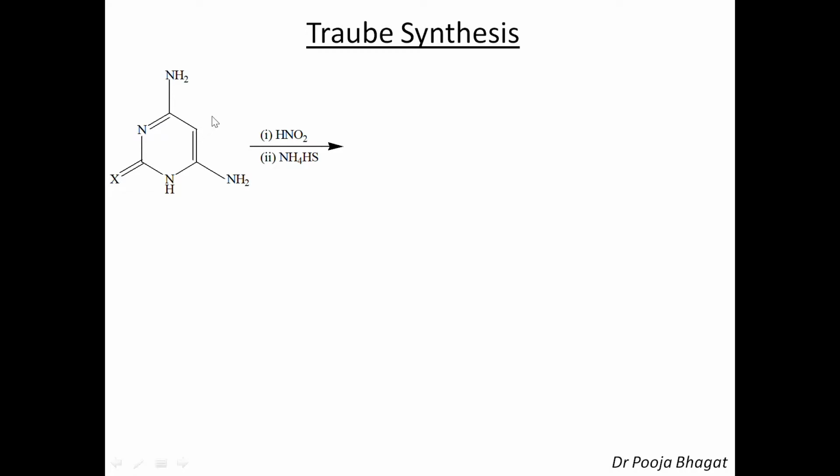To introduce nitroso group here, NO. Nitroso group comes here. When you treat it with ammonium hydrogen sulfide, you will get NH2. So what will you get? This. Now if you can recollect, we have reached and from here to get the product, we have seen so many methods. So it is 4,5-diaminopyrimidine as we have seen, but here the NH2 group is also present here. Now what is happening?